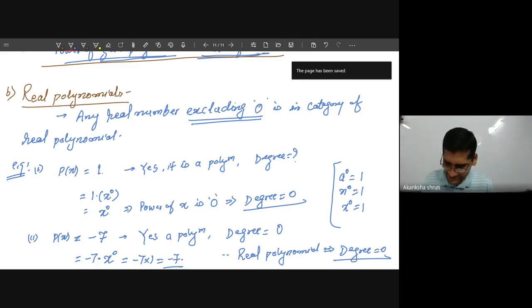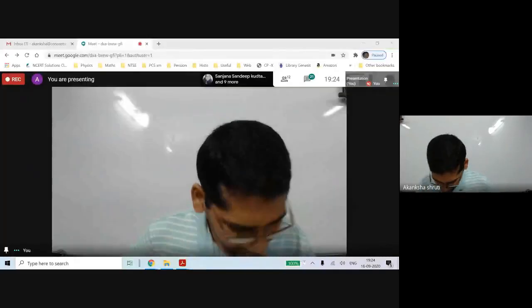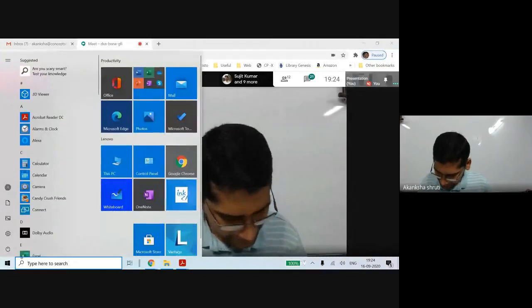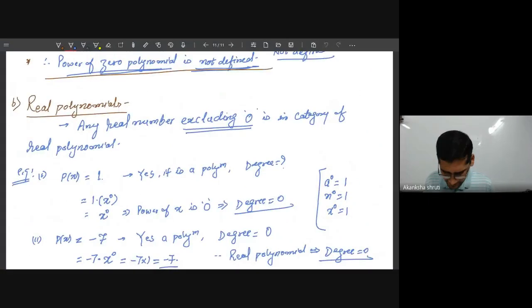Students, let me go to the next page. Students, have you written this 0 polynomial?